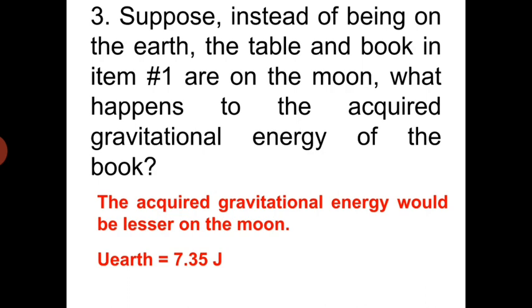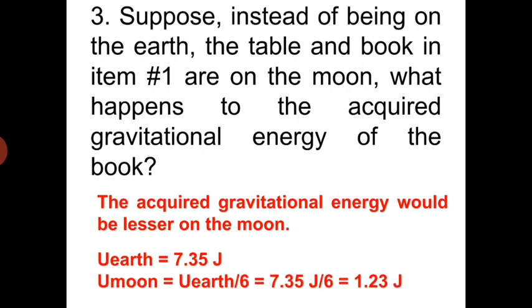The gravitational potential energy on Earth is equal to 7.35 joules, as we solved in problem number 1. In getting the gravitational potential energy on the moon, we just divide the gravitational potential energy on Earth by 6. So we have 7.35 joules divided by 6, and it's equal to 1.23 joules.